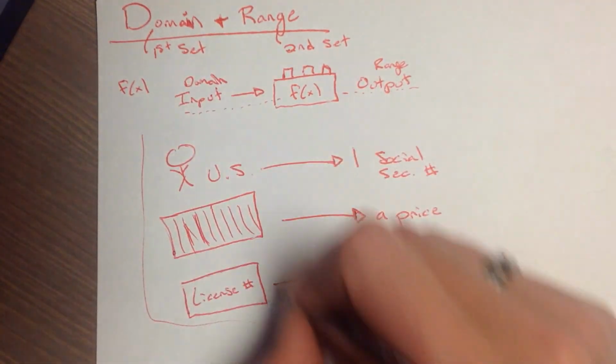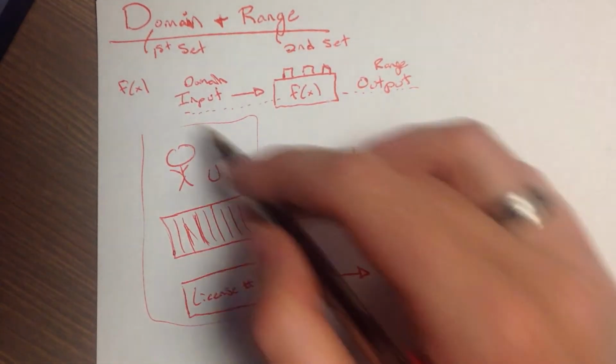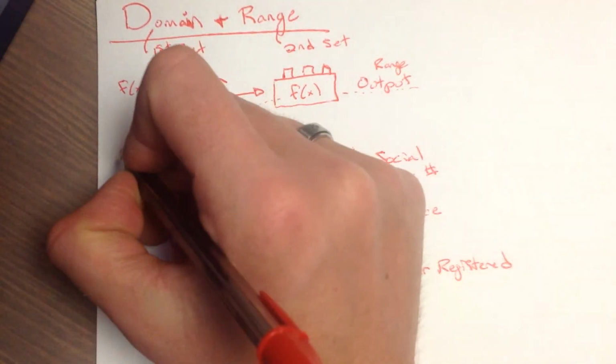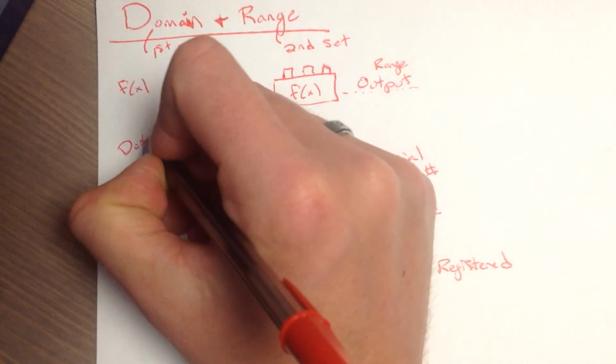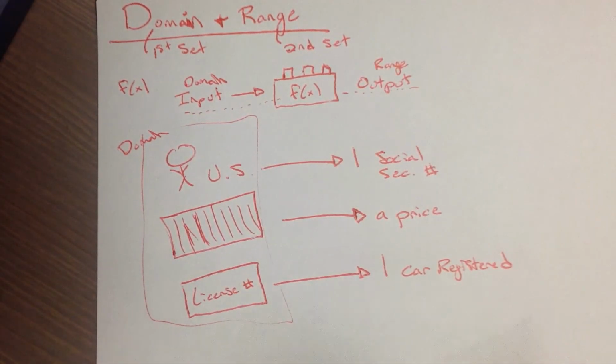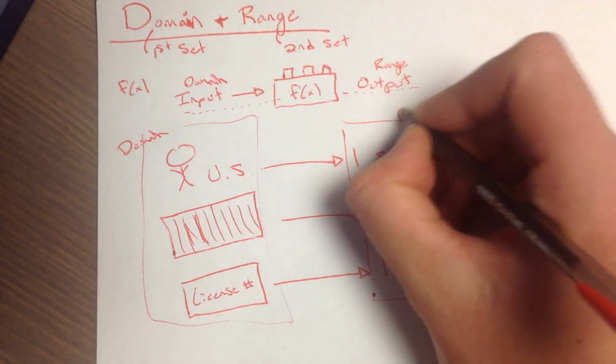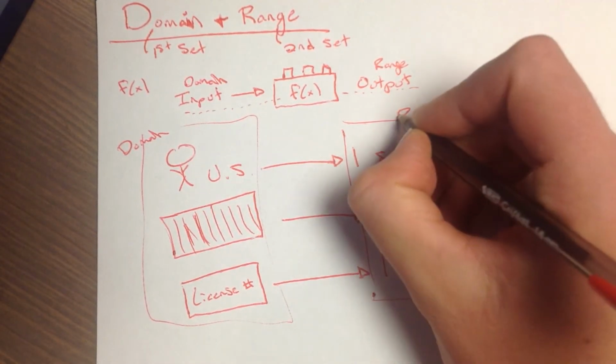These things, our first set of ideas, are called our domain. So inputting people in the US, inputting barcodes, inputting license plates, we get this output over here, or our second set, called the range.